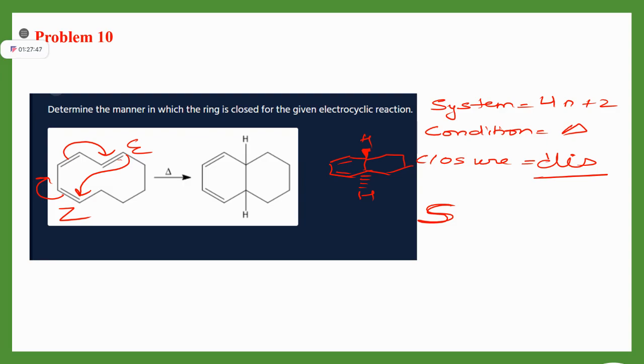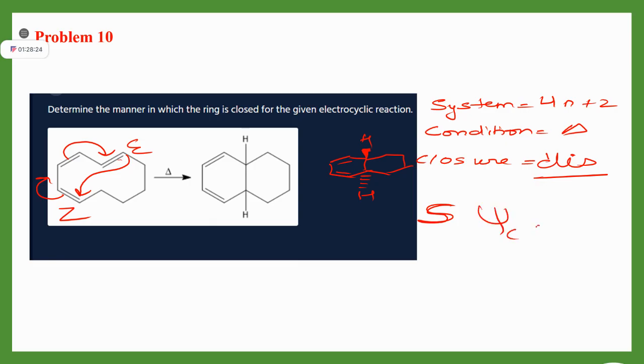Then you should know how we have arrived at the Woodward-Hoffmann rule, that a 4n system in presence of thermal condition will undergo conrotation, right? And for conrotation, psi 2 is your HOMO, therefore it is going conrotation. I again explain to you.